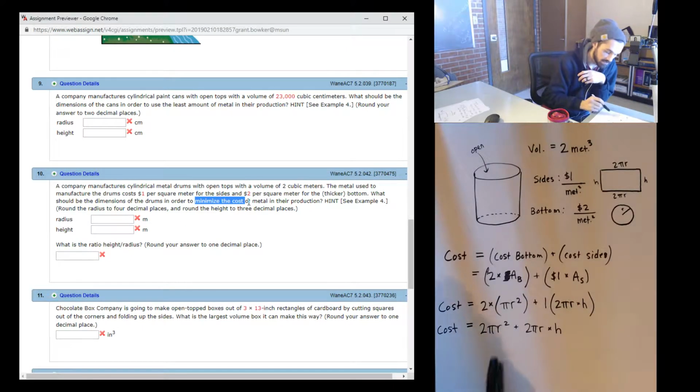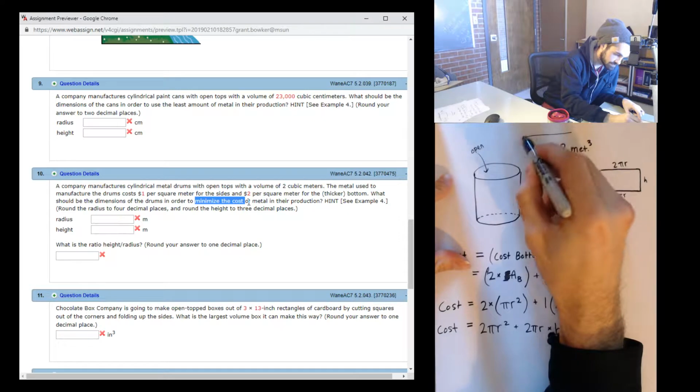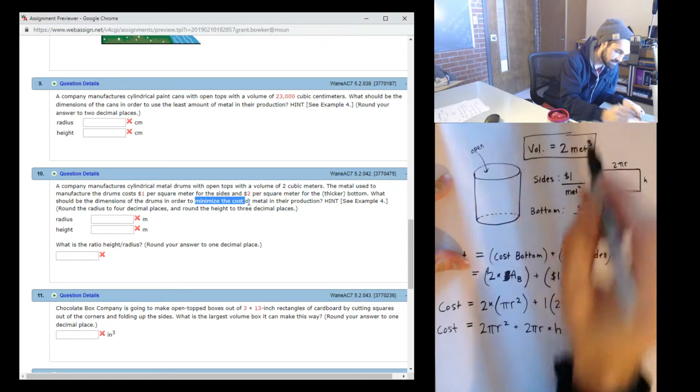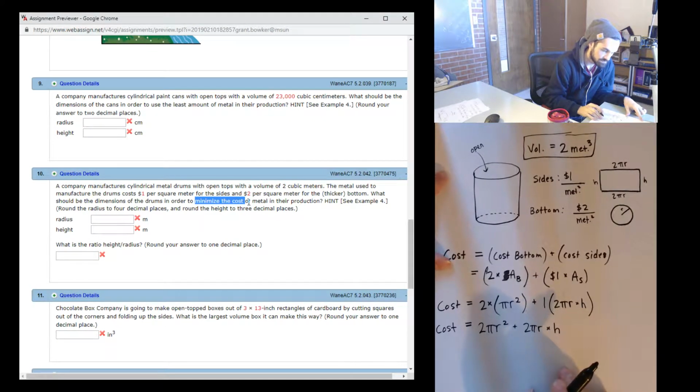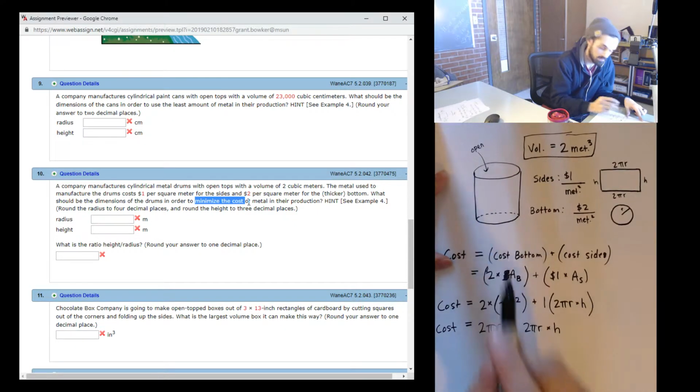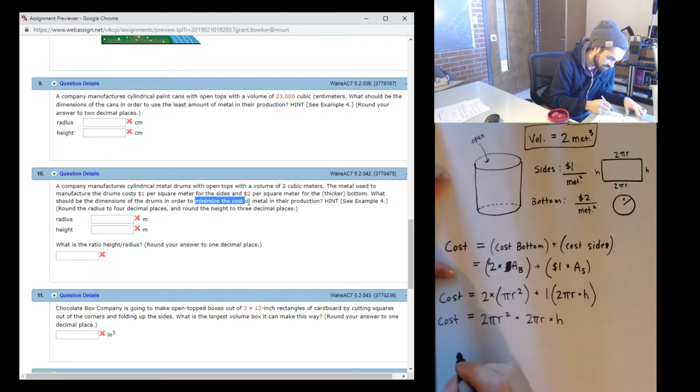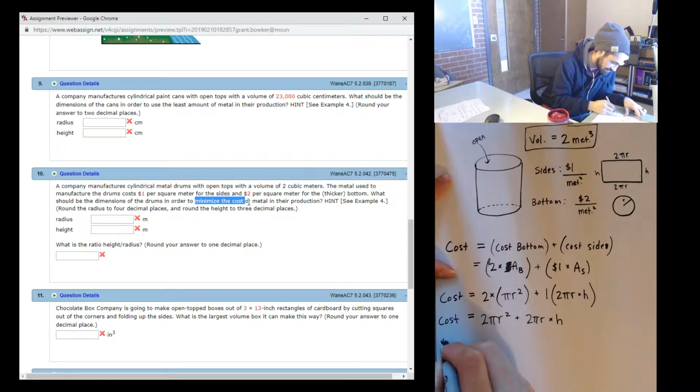So the relationship between r and h is going to come from this volume. So we know the volume of this can has to be 2 cubic meters. So 2 has to equal, this is my volume.